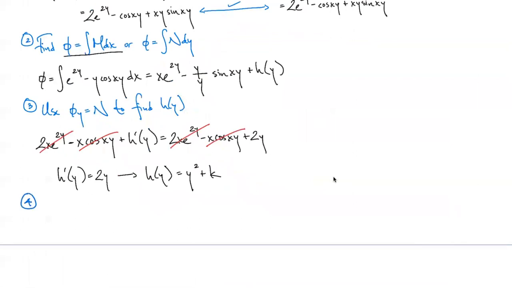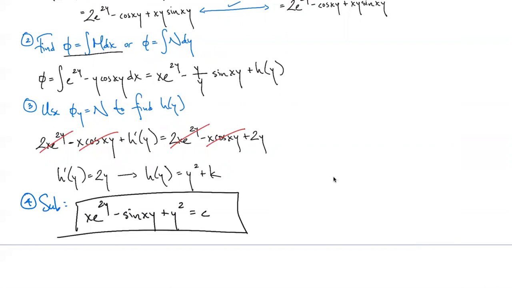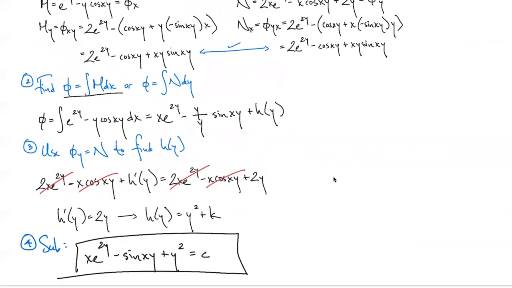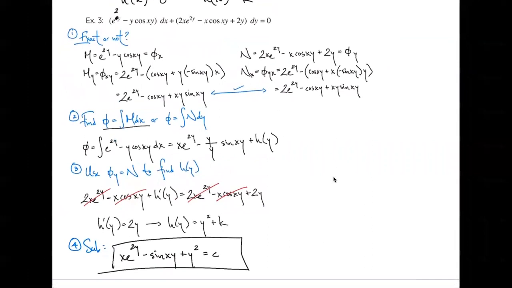So step 4, substitute back in, and we get x e to the 2y minus sine xy plus y squared equals c. All right. So let's get that all on one page for you in case you are wanting to pause the video. This is a good place to do that.